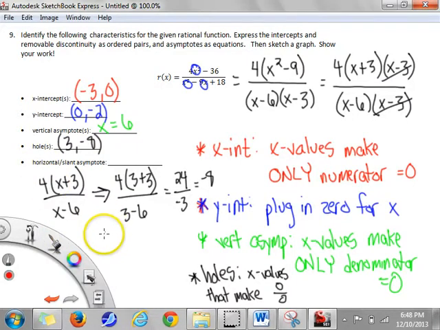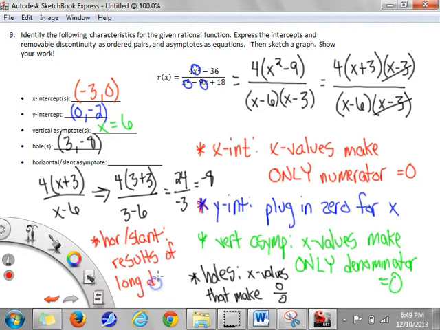So the last thing, horizontal or slant asymptote. That comes from the results of long division. One of the other purposes of us learning long division. But you don't actually have to do the full process because you're only interested in the results of the long division.